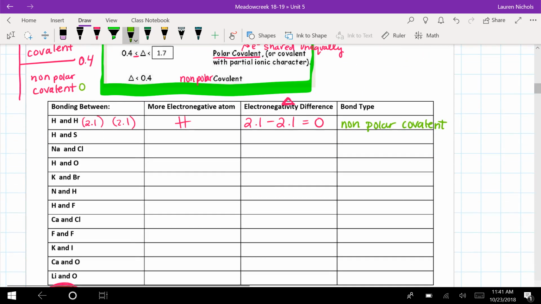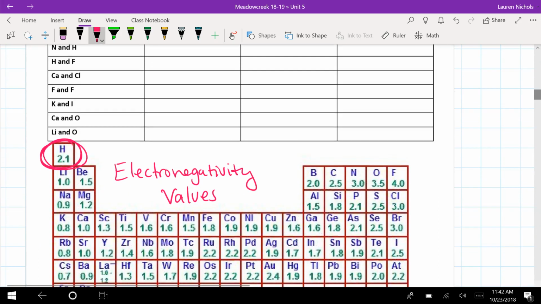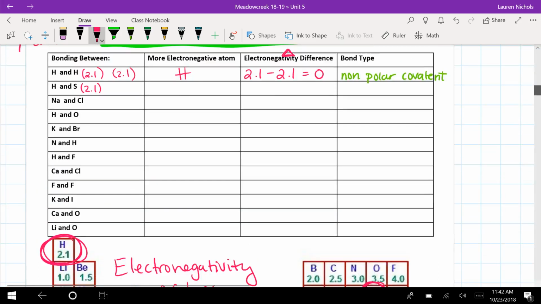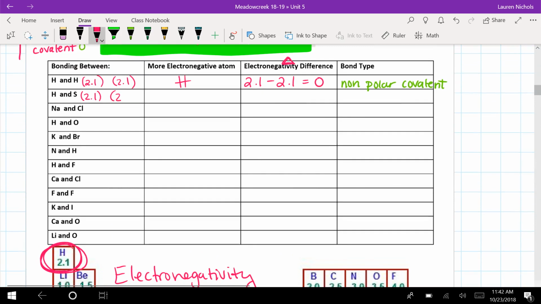Now if we look at the second one, hydrogen and sulfur, we know that hydrogen is 2.1, and we can look down and see that sulfur over here is 2.5, and so that means the most electronegative one would be sulfur. And so we start with sulfur and say 2.5 minus 2.1 would give us 0.4.